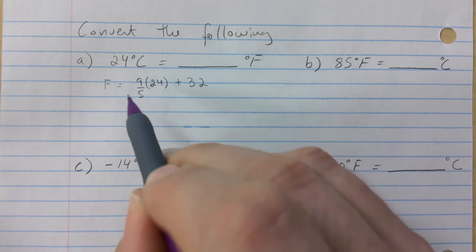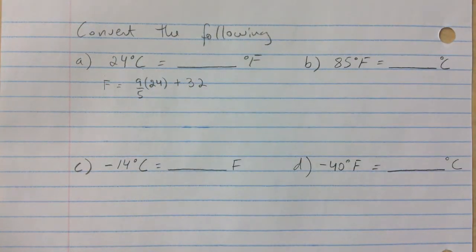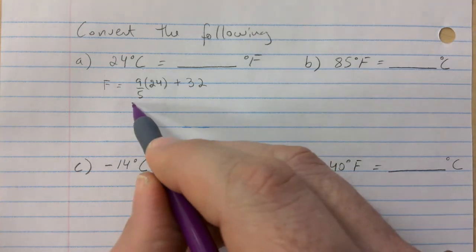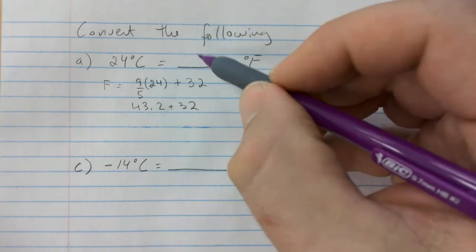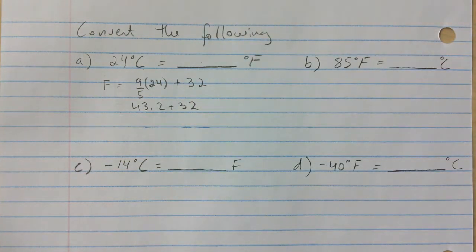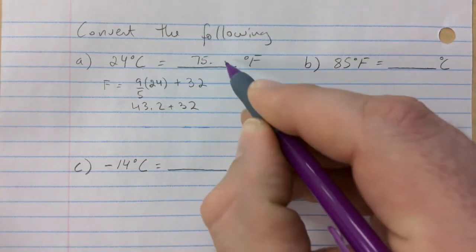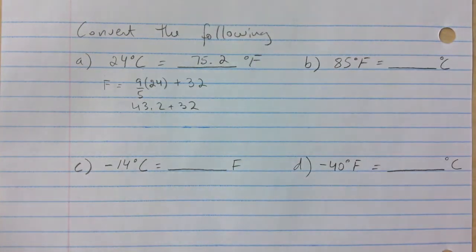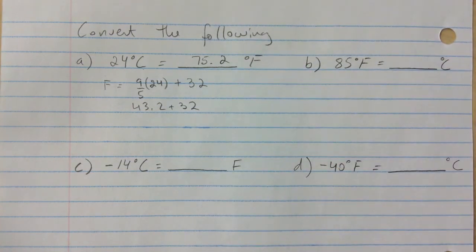That'd be my suggestion. I would say even further, figure out what the 9 times 24 divided by 5 is. That's 43.2 plus 32 like that. And then come up with the answer here. And that's 75.2 degrees Fahrenheit. If that's not there, then you need to make sure you add the units, okay?